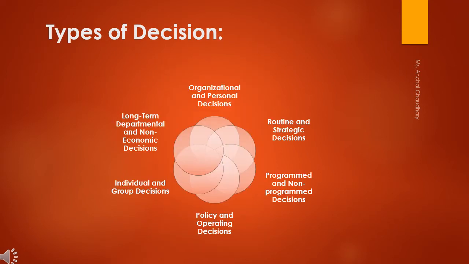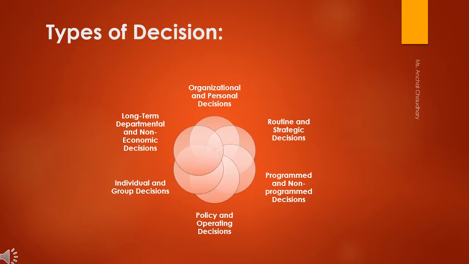Types of decision. First is organizational and personal decision. As the name signifies, the organizational decision is something related to the organization and its working, right? And a personal decision is taken for personal things, for personal life, right?